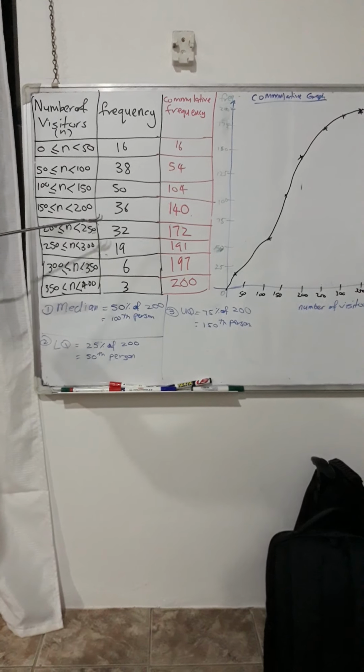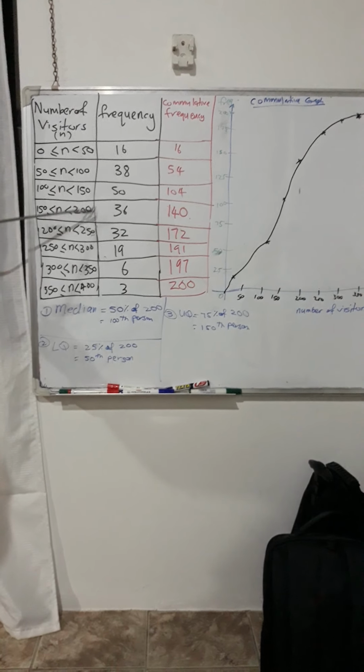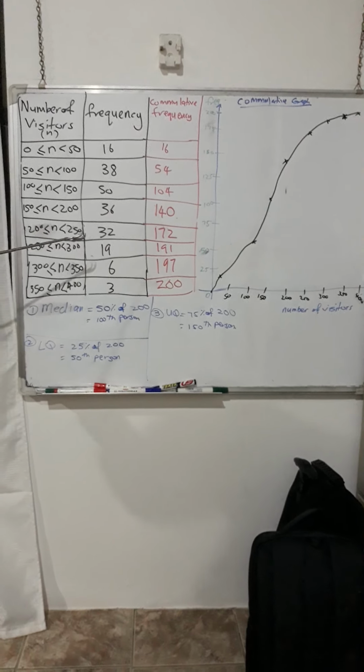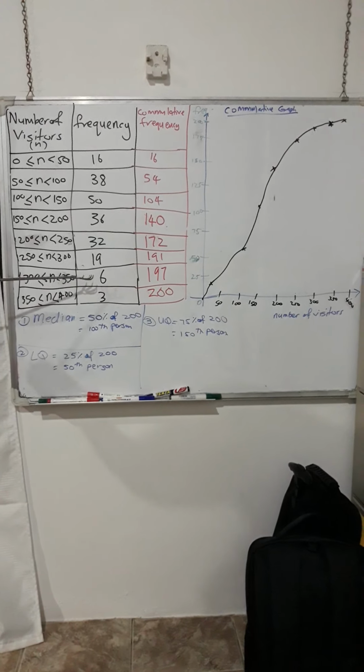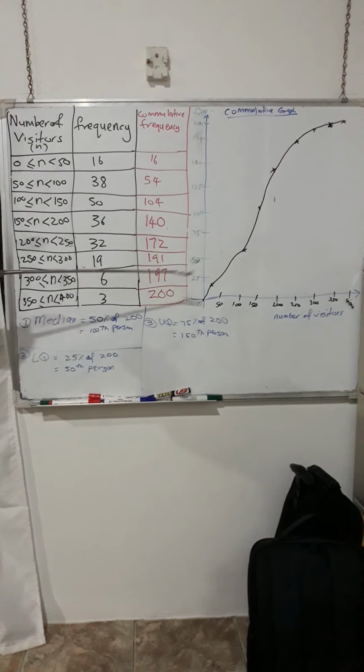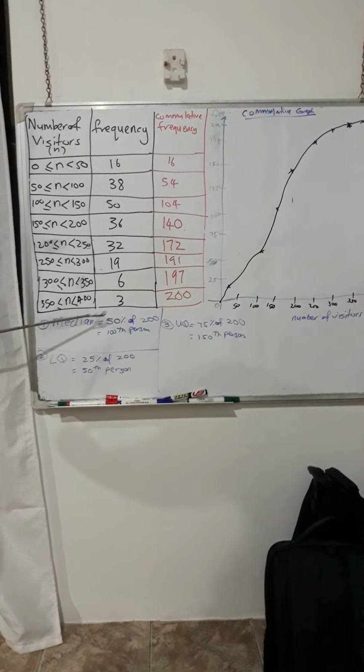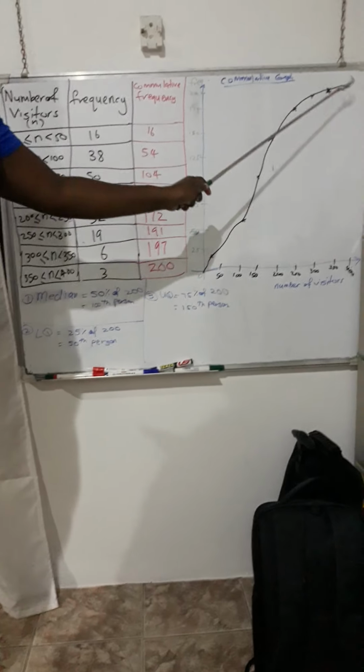And then 200 and 140 is corresponding there. Likewise, 350 and 197, and 400 and 200.